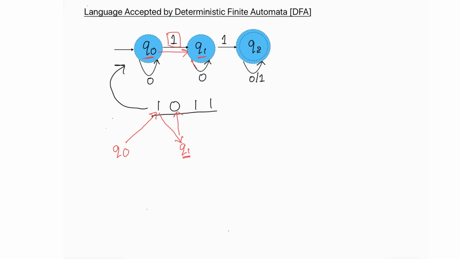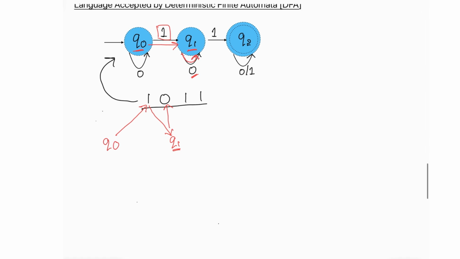In the Q1 state, what transition do we have for the 0? It is a self loop, right? So if it takes this 0 as the input symbol, it will remain in the same state only. The next symbol to be passed is 1.